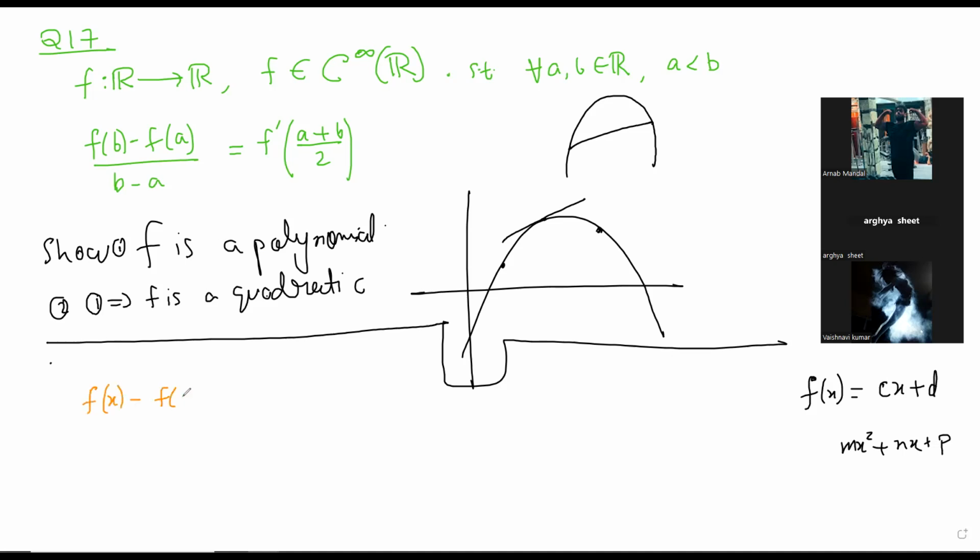I'll just use the same thing again. So the idea should be to show that the higher derivatives are zero.